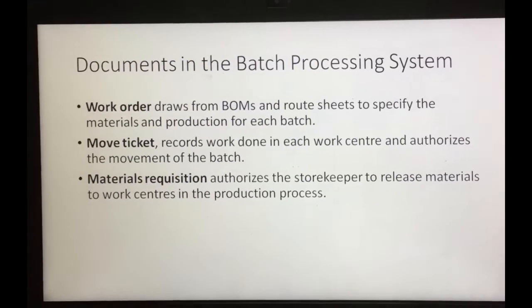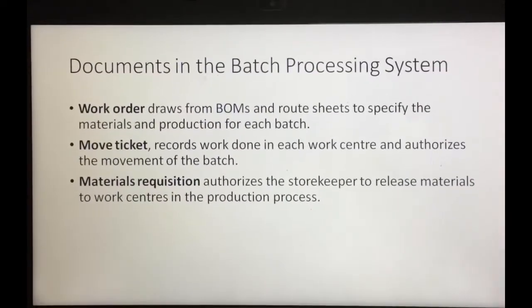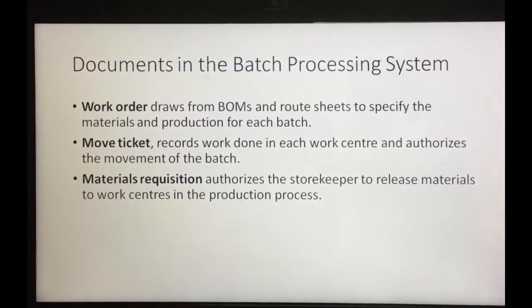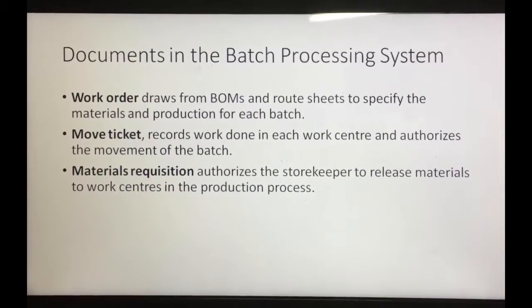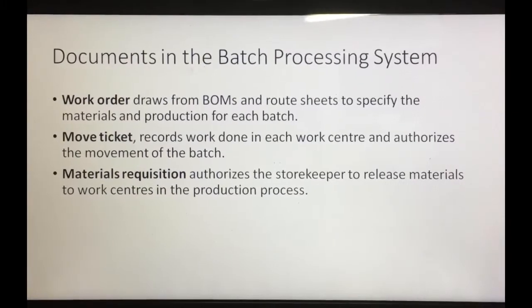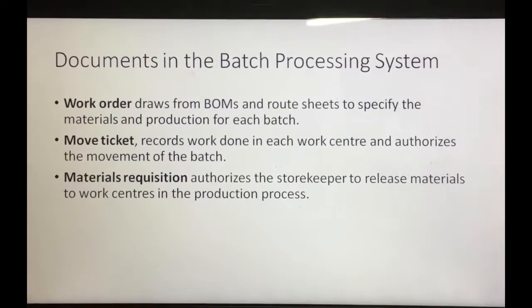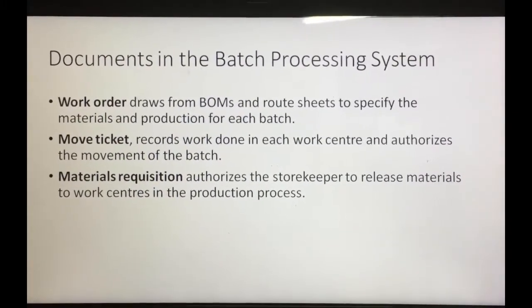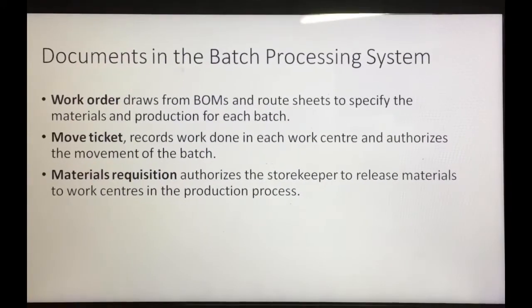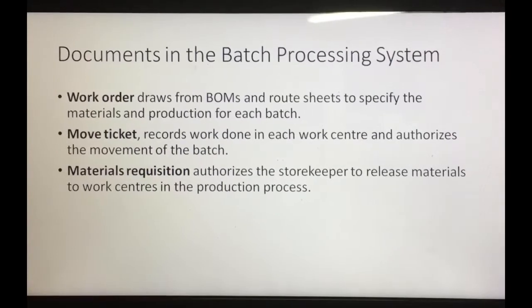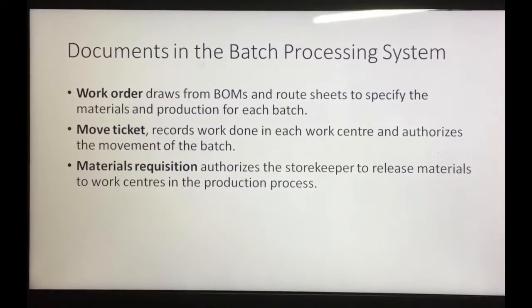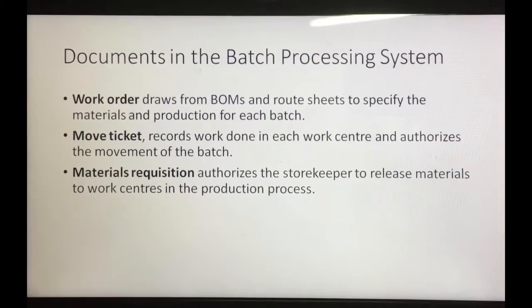This document usually specifies only standard quantities. Materials needed in excess of standard amounts require separate requisitions that may be identified explicitly as excess materials requisition. This allows for closer control over the production process by highlighting excess material usage.